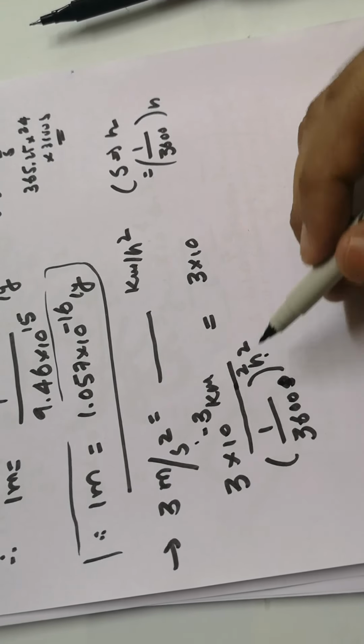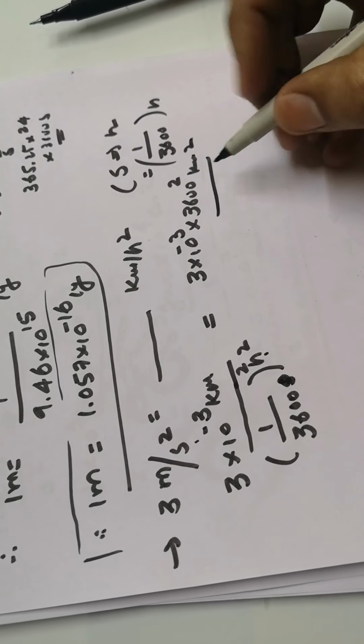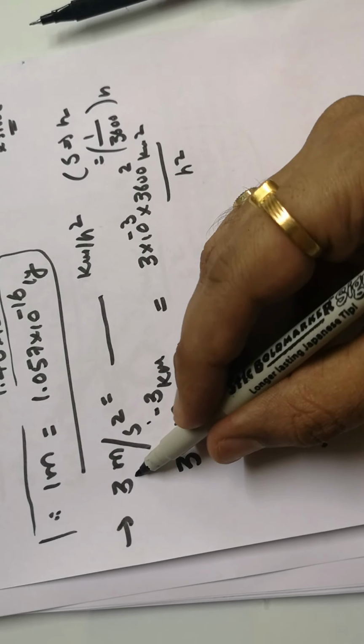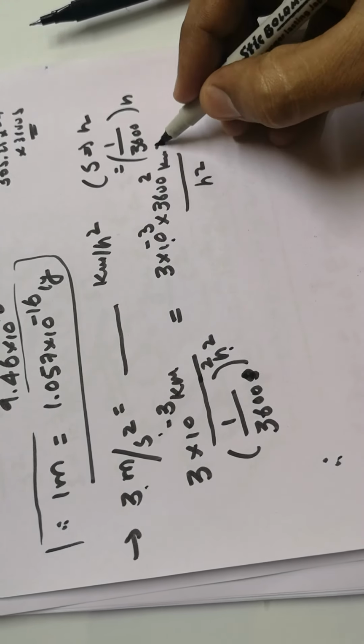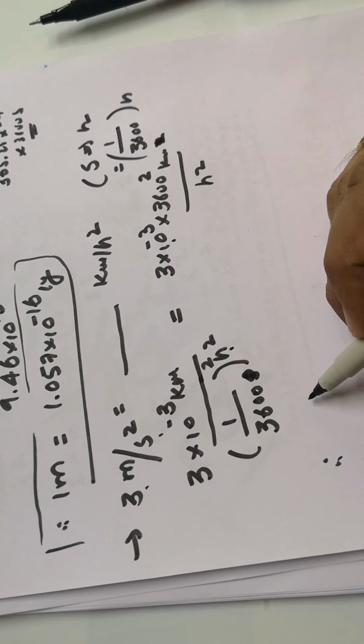Multiply by 3600 square, kilometer square divided by hour square. So I have the value 3, the value of kilometer, which is kilometer only, and this is hour square. So I have the value for 3 meter per second square.